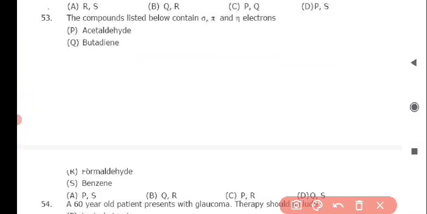Now next question is, the compound listed below contain sigma, pi and n electrons, and the options are acetaldehyde, butadiene, formaldehyde, benzene. So for this question, the correct answer is option C, that is P and R are correct answers, that is acetaldehyde and formaldehyde.